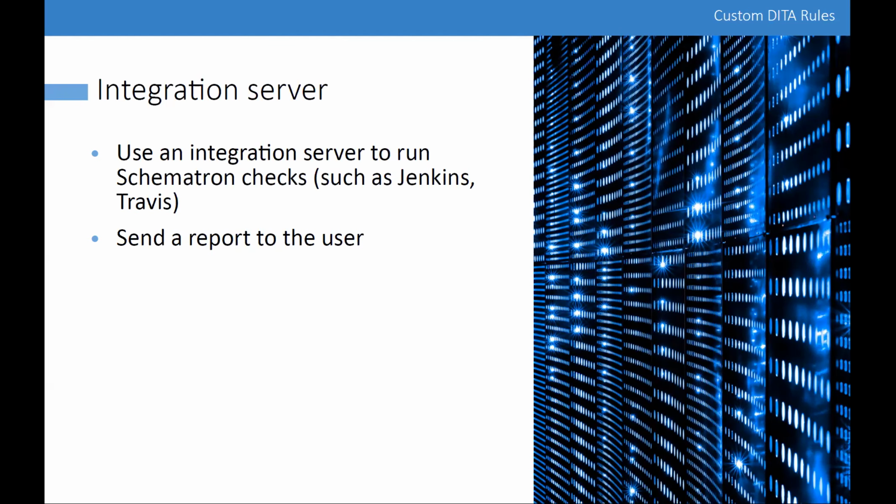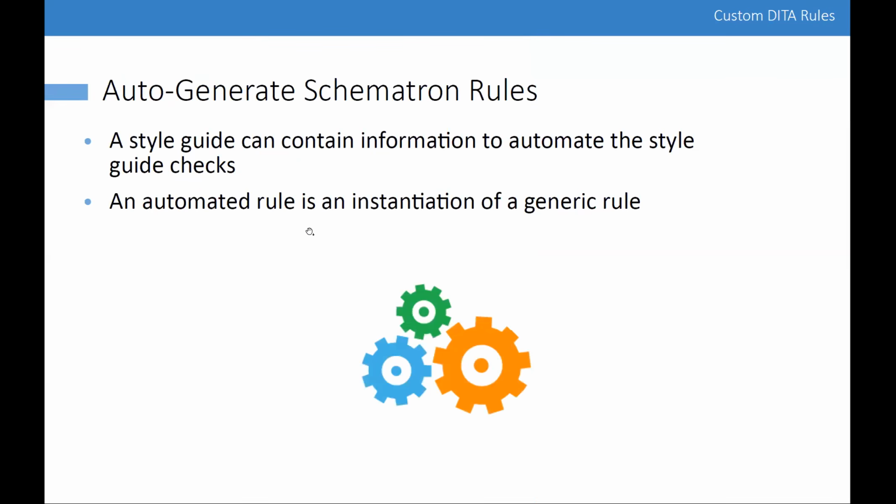So you can also integrate it with servers like Jenkins or Travis. We've done a lot of things with these integration servers. So you can run this Schematron also on a server if you want.